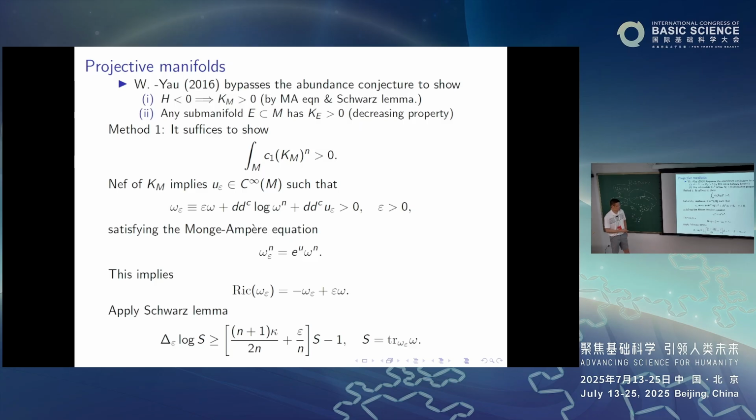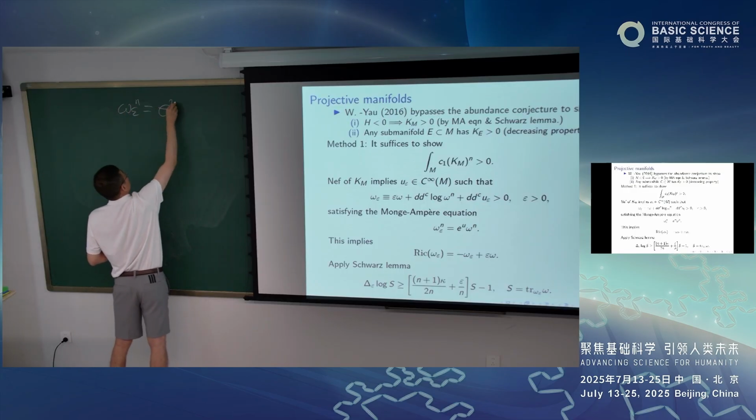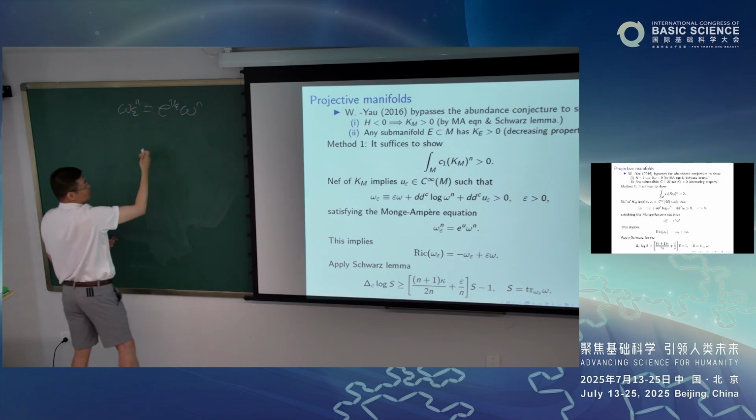We can solve the Monge-Ampere equation to get this u epsilon. Unlike the Calabi equation, here we're talking about Km positive. But this equation has a nice feature that if you take the Ricci curvature, it's equal to this one. This is very straightforward to see, because this is the Monge-Ampere equation.